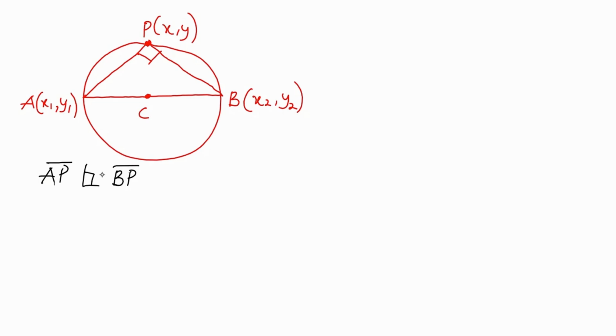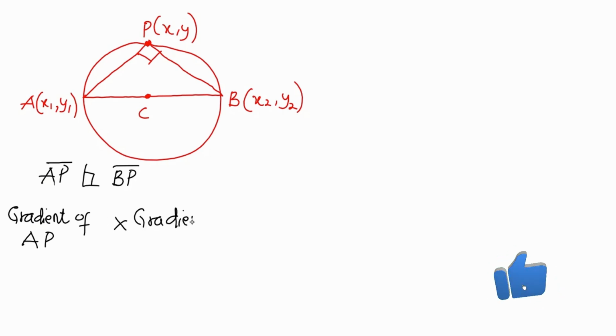If that's the case, then the gradient of AP multiplied by the gradient of BP is equal to -1.